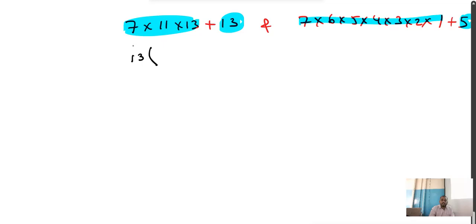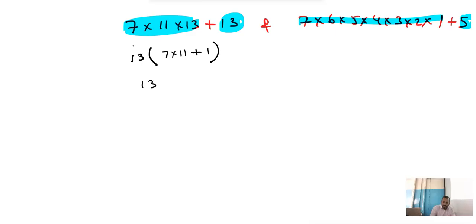Then what is left out? 7 into 11 plus 1. Then 13 into 77 plus 1, that is 13 into 78. Therefore, 13 into 78 is a composite number.